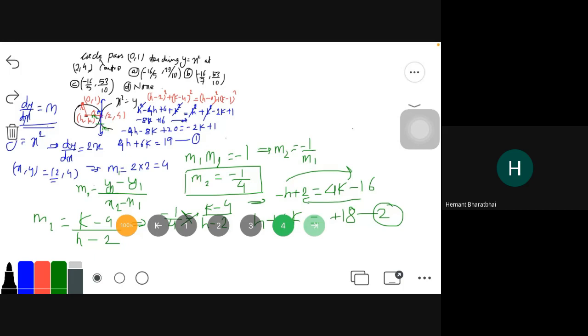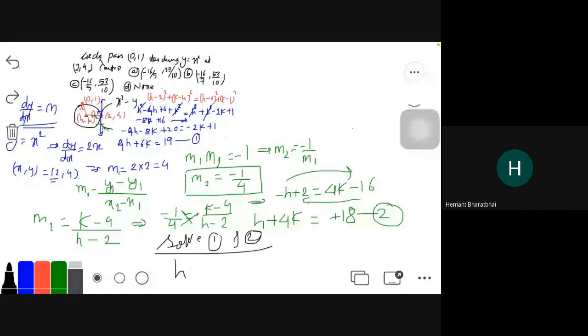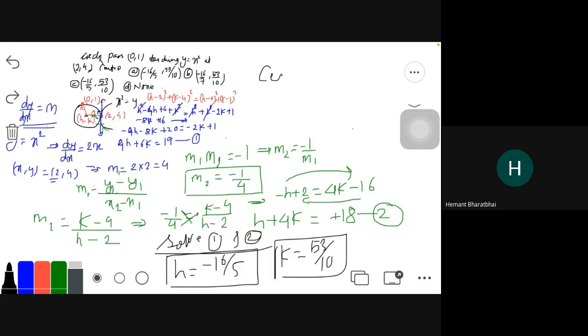So when I solve these two equations, solving equations 1 and 2 simultaneously, I'll get the value of h as minus 16 by 5, and the value of k as 53 by 10. So I've got the center as minus 16 by 5 comma 53 by 10.